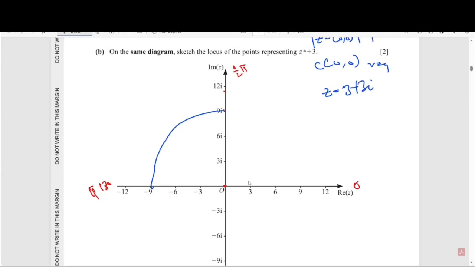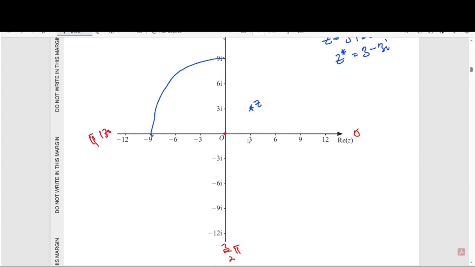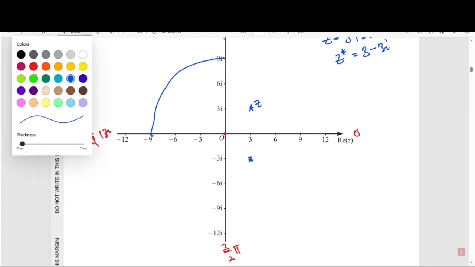Right, so 3 plus 3i is here. This is z. And then z star is the conjugate. That's going to be, just change the plus sign to a minus, which is 3 minus 3i. When you plot this, it's going to be here, 3 minus 3i, and this is z star.